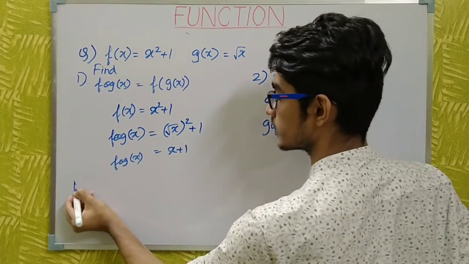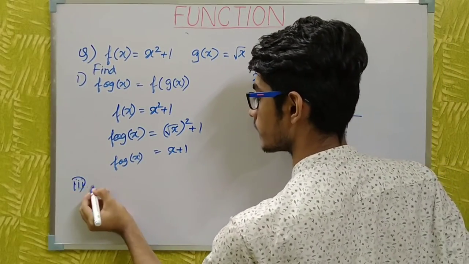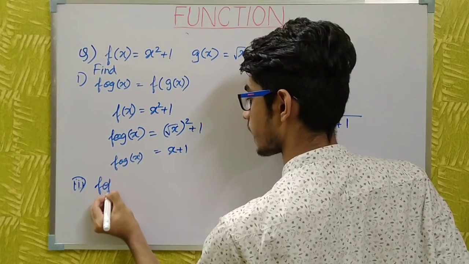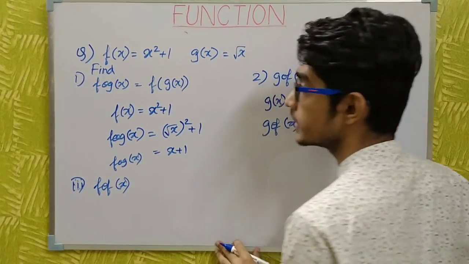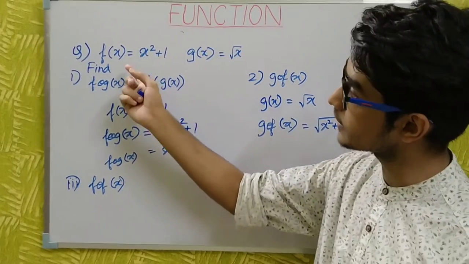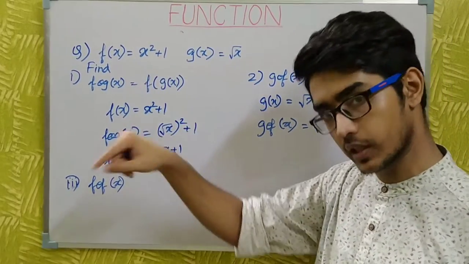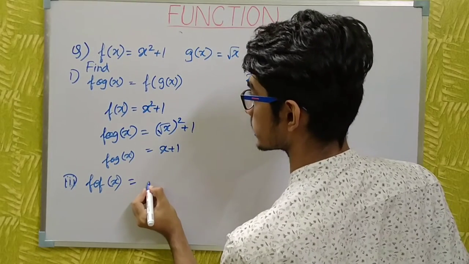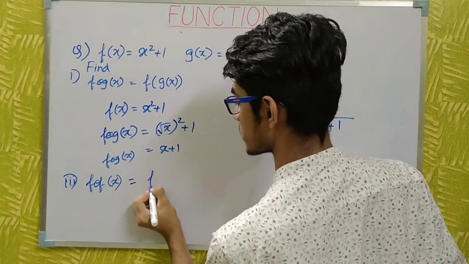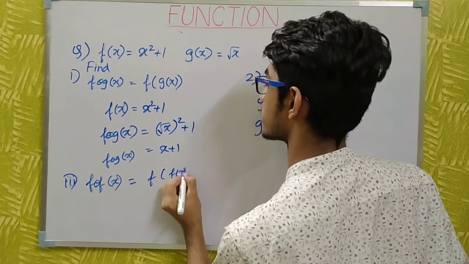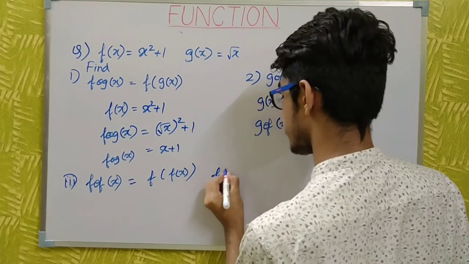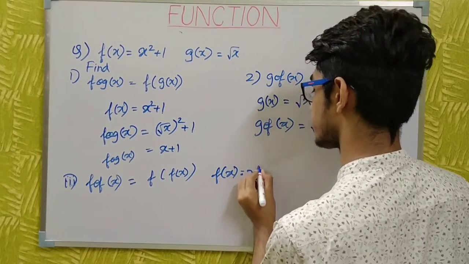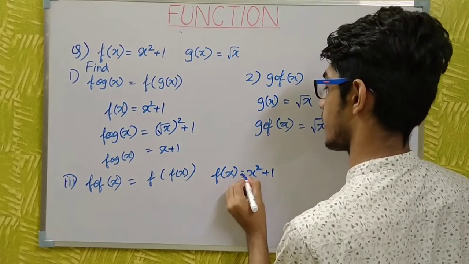Now the third one is fof x. Fof x means it will be a function of fx, but in the place of x we will again put fx. Then we can see from here that fof x equals f of fx, and fx is x square plus 1.